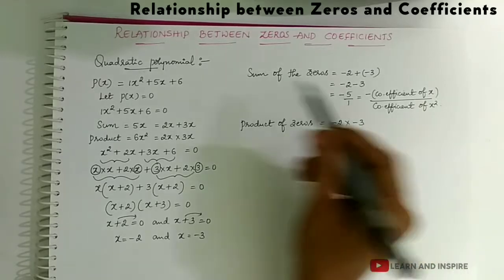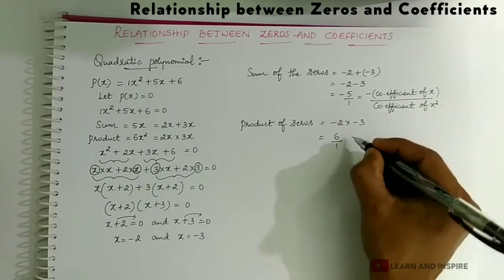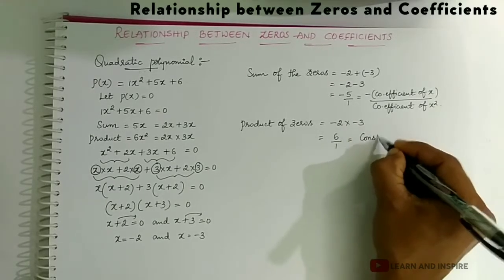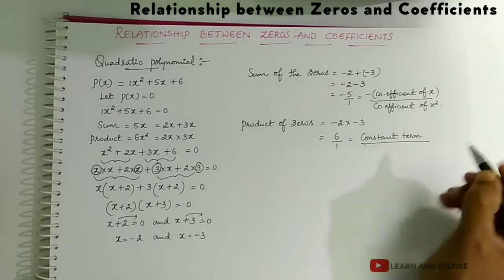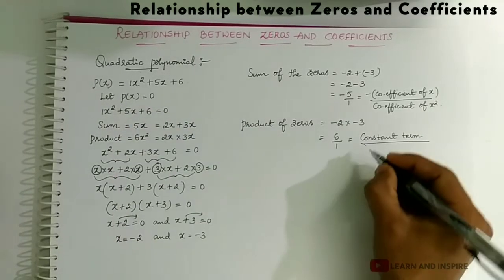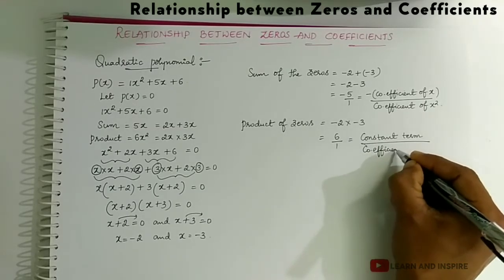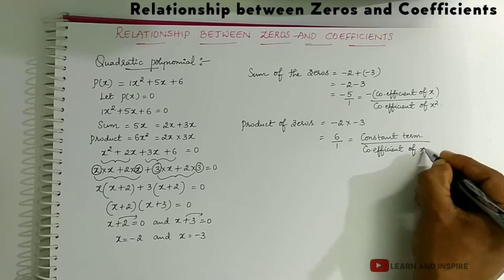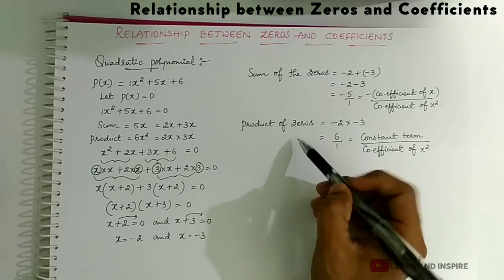What is 6 in the quadratic polynomial? 6 is nothing but the constant term. So I write this as constant term divided by 1. 1 is nothing but the coefficient of x square. So I write coefficient of x square. Understood how to relate the sum of the zeros and the product of the zeros?